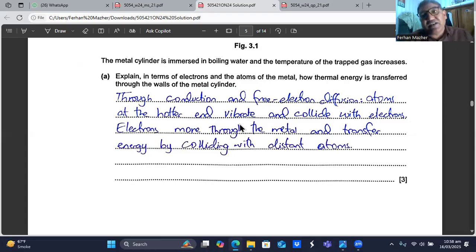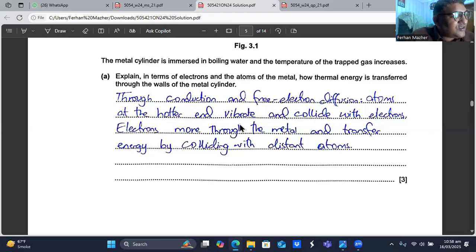The free electrons at the hot end will absorb the energy and flow to the cold end, and there they will collide with the atoms. When they collide with those atoms at the cold end, they will make them vibrate. So these are two methods which are happening and causing conduction. This is the way conduction happens in a metal.